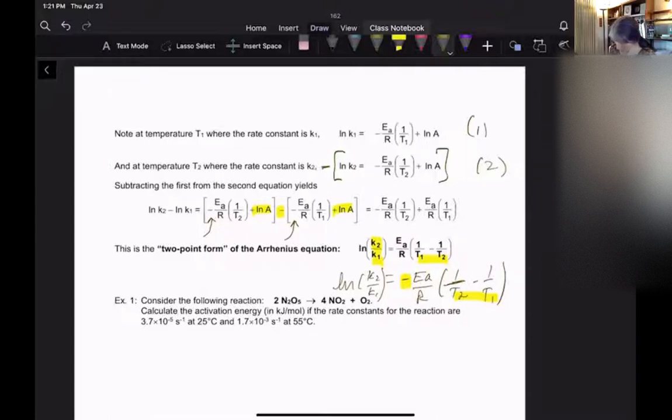So here we want to find the activation energy in kilojoules per mole. And then we've got a K at 25 degrees and a K at 55 degrees. Remember, those always have to go into Kelvin. I'm just going to designate 1 to be 1 and 2 to be 2 and make sure they line up.